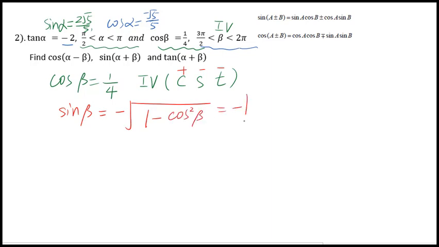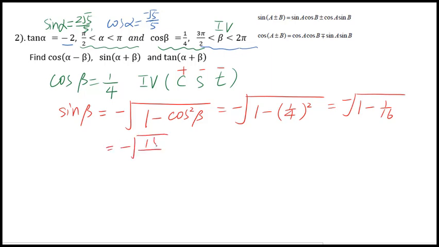That is negative square root of 1 minus (1 over 4) squared. You will get negative square root of 1 minus 1 over 16. 1 minus 1 over 16, you will get 15 over 16. That is negative square root of 15 over 4. Square root of 15 is simplified radicals, so leave it as it is.